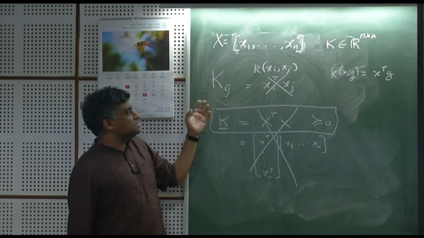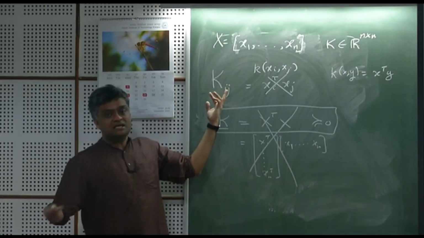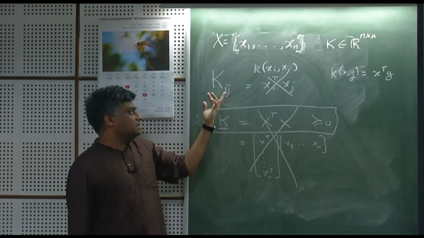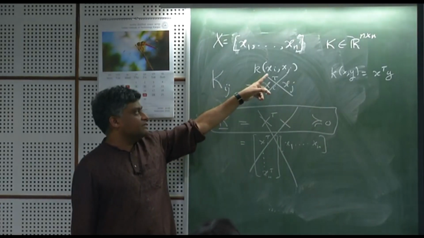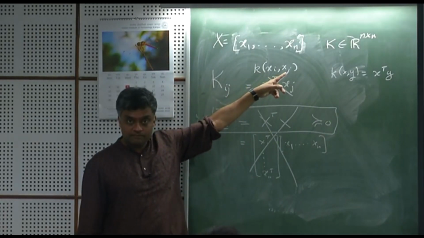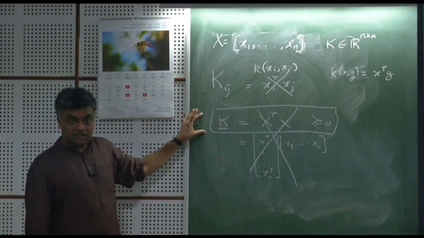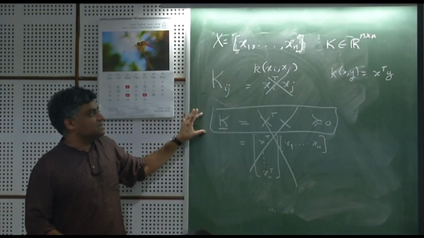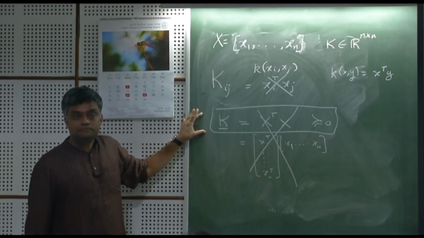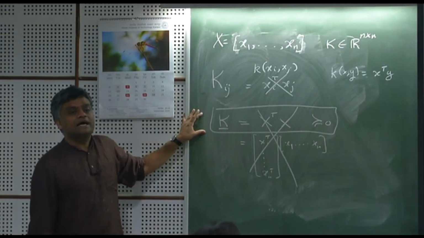But I only want to insist that I construct the matrix as before, by putting the ijth element to be the function evaluated at vector i and vector j. I construct this matrix K and I want to insist that it is positive semi-definite. Suppose that's the only thing I have.